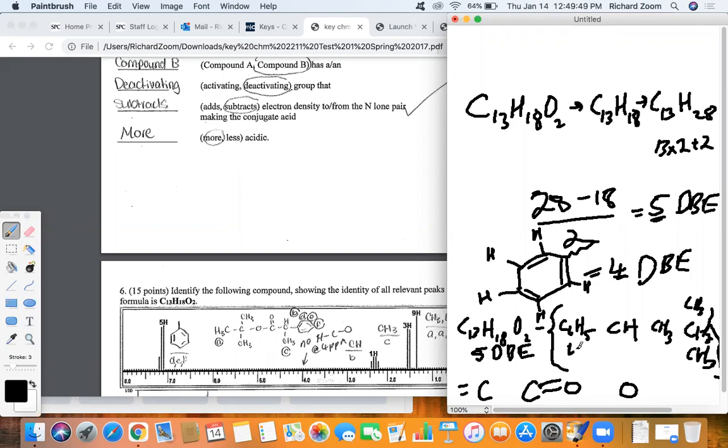So we have 2 C's, 2 O's, and a double bond. And what I'm saying is that C double bond O is there because that accounts for the other double bond equivalent.